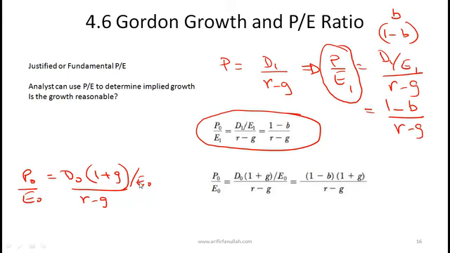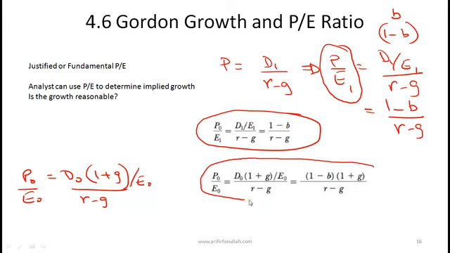So that you are assuming is staying roughly the same. In this particular case, we are assuming that the retention ratio and the payout ratio are staying the same. So what number is going to be bigger, the trailing PE or the leading PE?